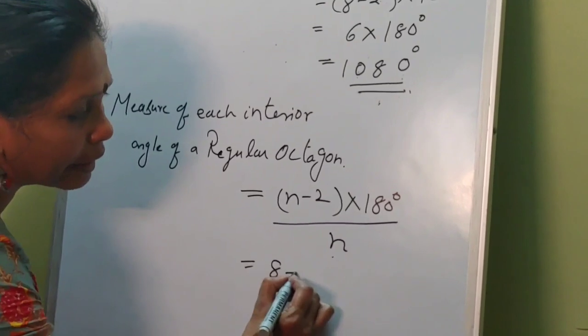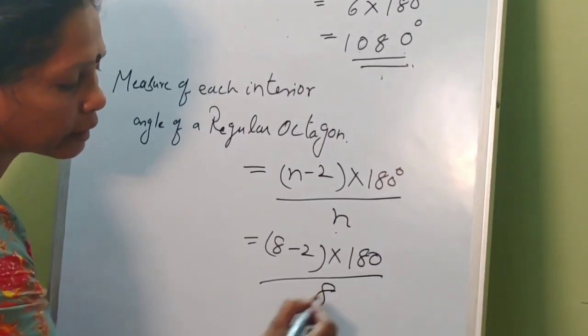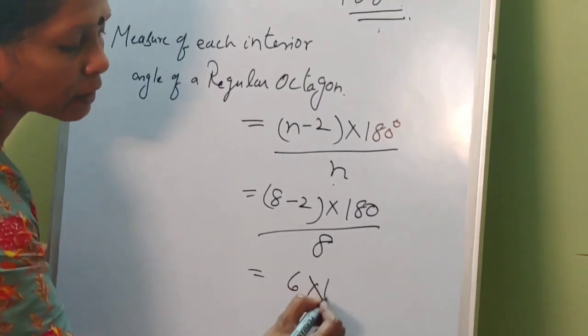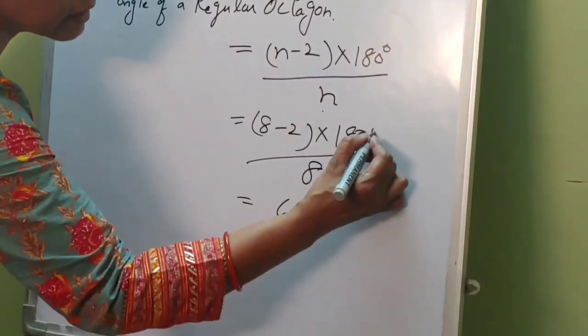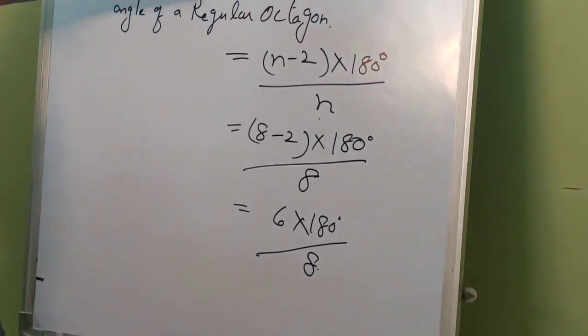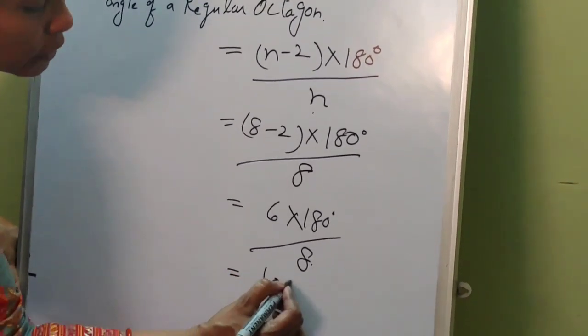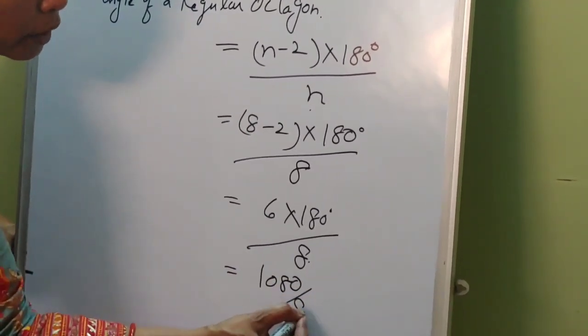So we'll have 8 minus 2 into 180 by 8. That will give me 6 into 180 degrees upon 8. And we have already found out 6 into 180 is 1080. So I can substitute 1080 upon 8.